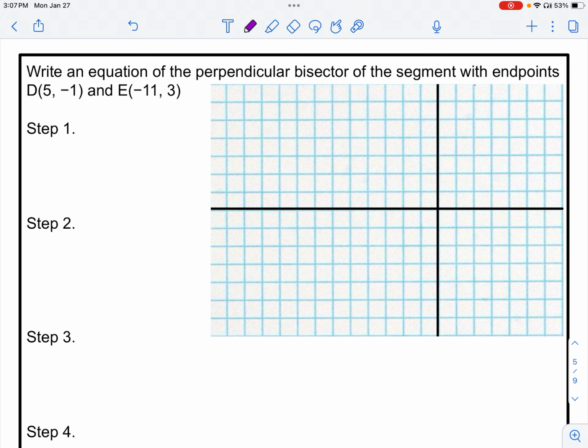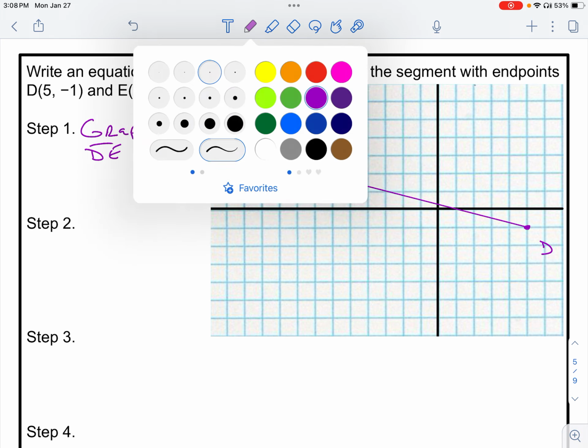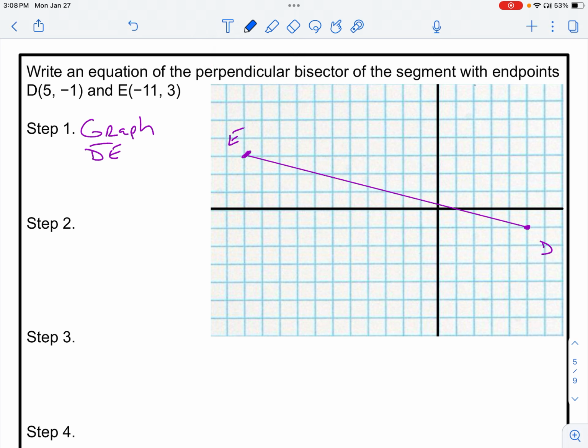Okay, good job. So, just like we did above, we're going to graph DE. There's our D. There's our E. And we're going to find the midpoint.